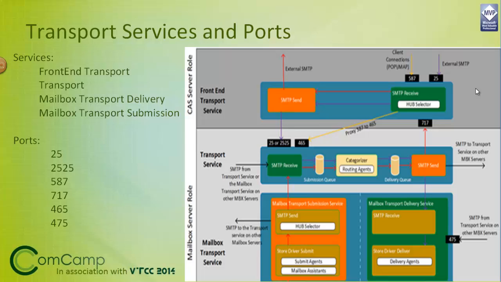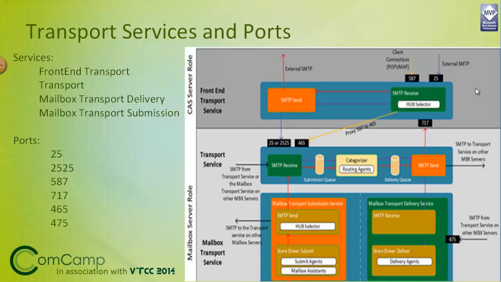This is because of a simple reason. The two services cannot run on the same port. So when you install both the roles together, it becomes like two SMTP components installed on the same server, which cannot run on the same port. So that's why it uses port 2525.